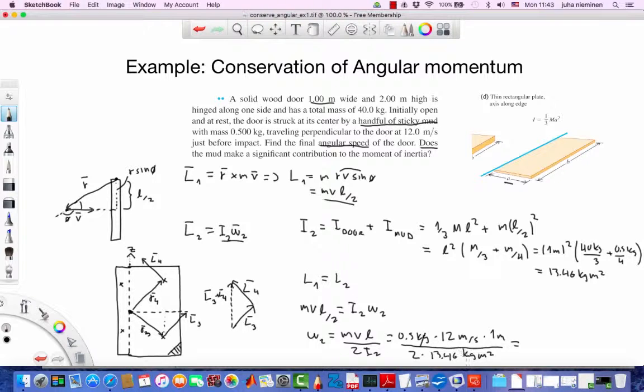So the kgs cancel, the meters squared cancel, so we have units of 1 over second that we expect because it's angular speed, and the magnitude is 0.22. So 0.22 radians per second is the angular velocity right after the impact.